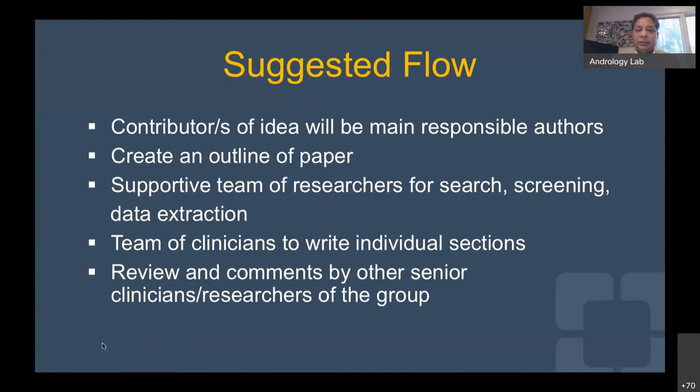Our interest is to develop the field of andrology from a research point of view. Looking at all the expertise available, we know that we can conduct high quality research, such as meta-analyses, systematic reviews, cytometric studies, and a host of other studies, which can be easily conducted on this online platform that COVID has given all of us.